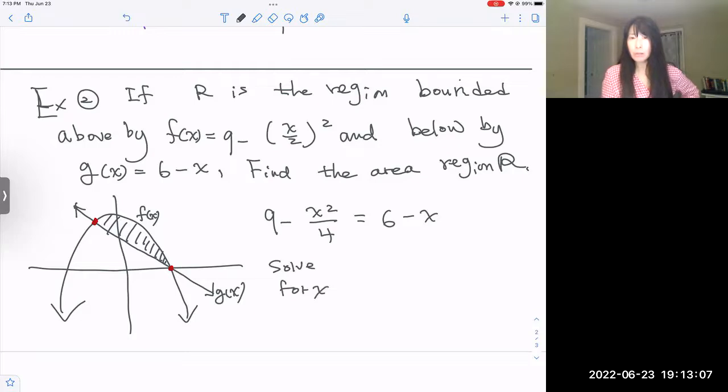Since we have a quadratic, we move everything to one side. Let me move it to the right side, because the x squared has the negative.